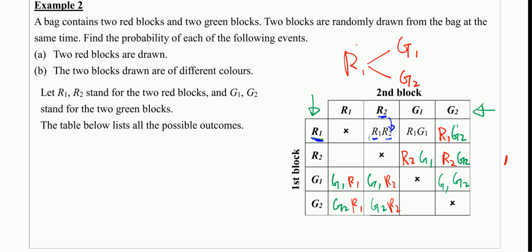This time you want to find the possible outcomes for your want, or maybe I try to write R1, R2, and there is R1, G1, so that you know that this time two red balls are drawn. You can just look at here. This time all situations are in here.